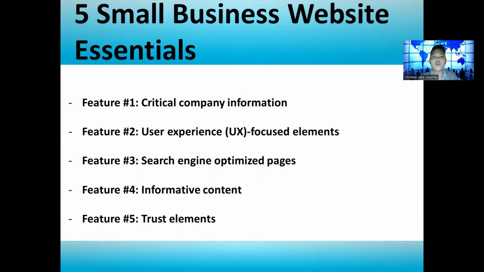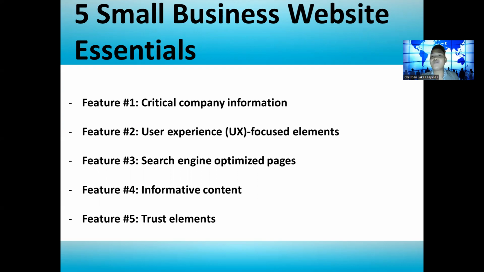The second one, we have user experience or customer focused elements. So your website must be customer oriented, product oriented, and results oriented, so that the visitors of your website or your potential customers won't hesitate to see or to buy your product.